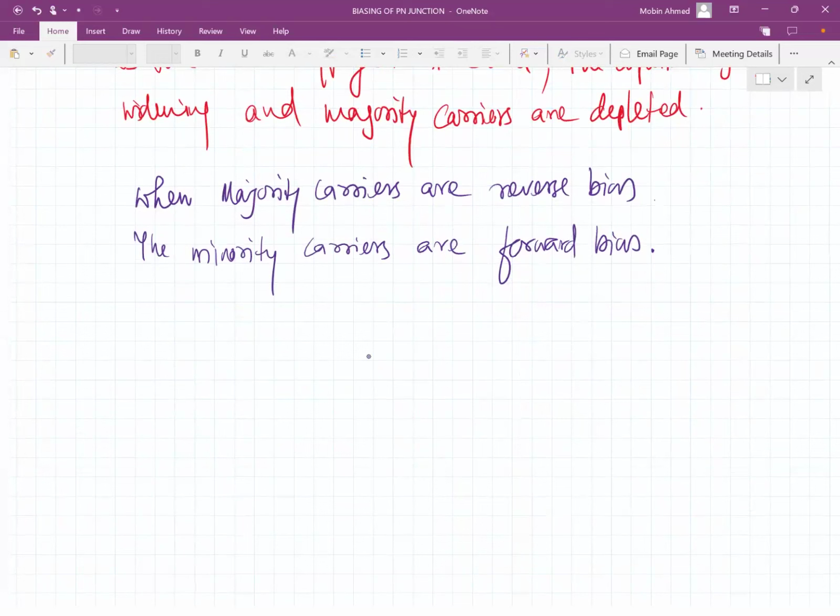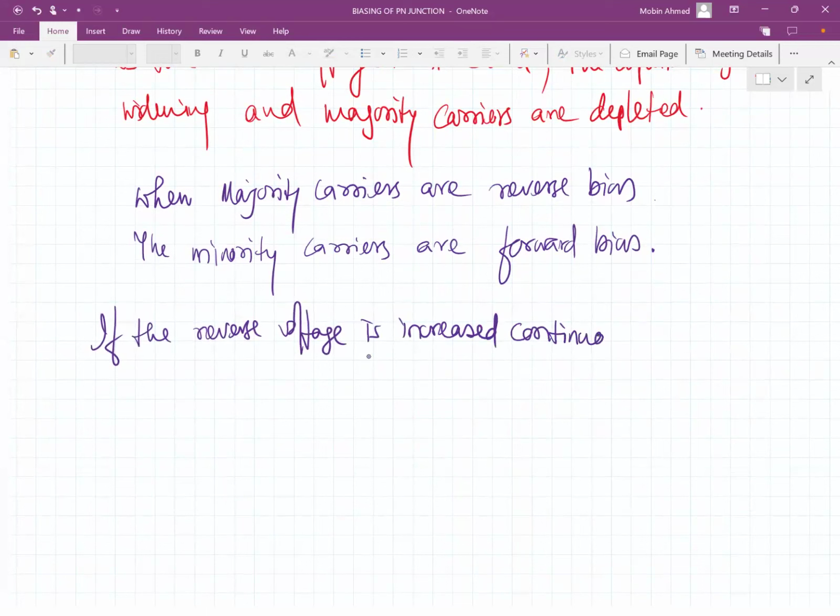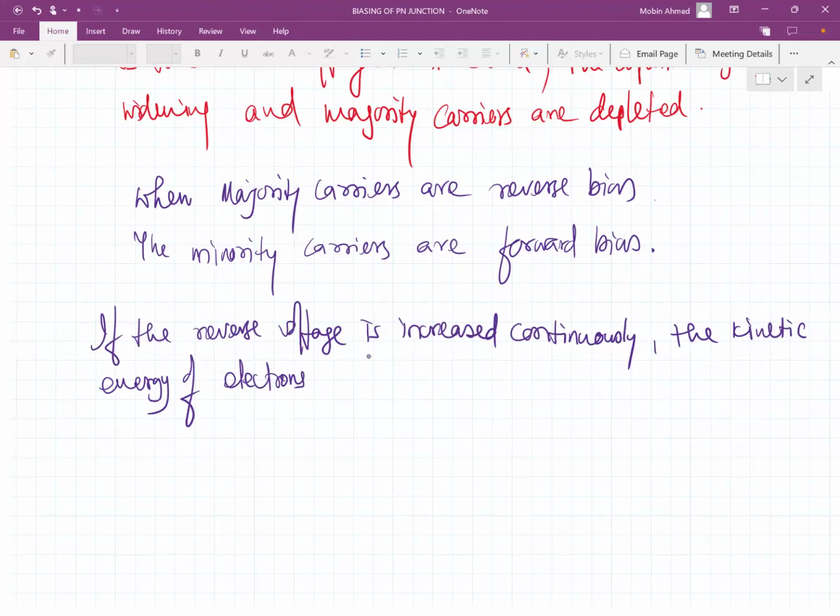The problem is if the reverse voltage is increased continuously, the kinetic energy of the electrons, that is the minority carriers, becomes high enough.